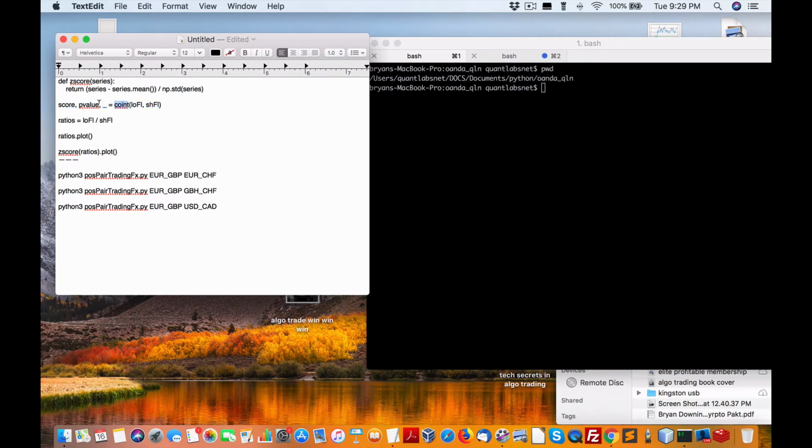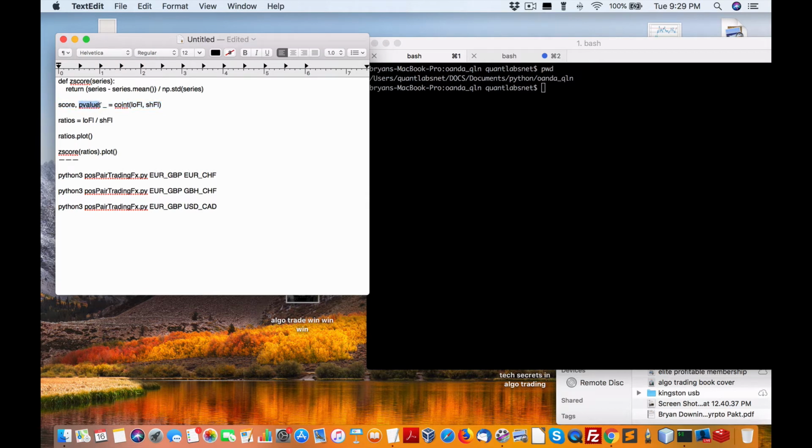From that, what you want to get back is your p-value. Usually when your p-value is less than 0.05, chances are your two pairs can co-integrate into the future. Mind you, with daily data, you would probably need at least a year, maybe 2 years worth of data.